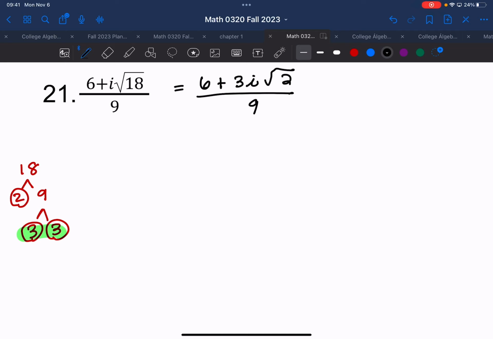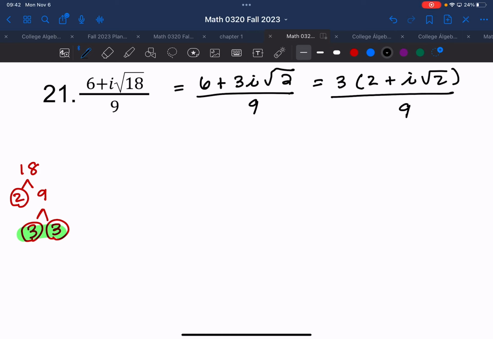Can I take a GCF out of the top? Yes. What number? 3. So remember, we're just looking at this part right here. That's 6 plus 3i. So we can take out a 3, and I'd be left with 2 plus what? i square roots of 2 all over 9.